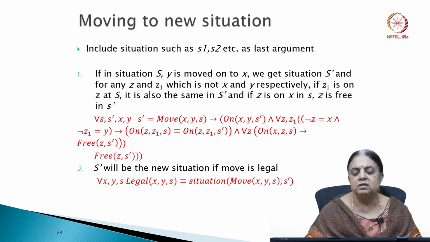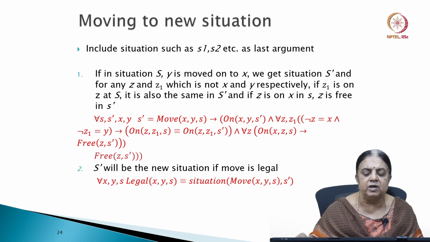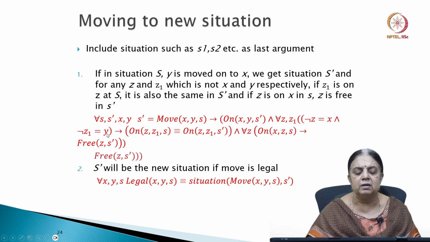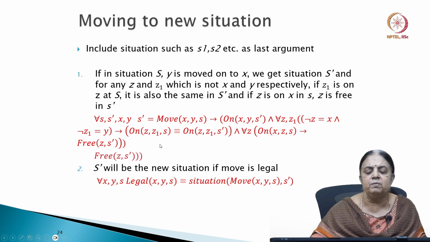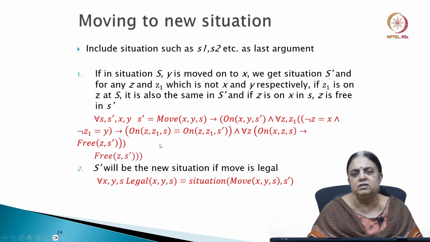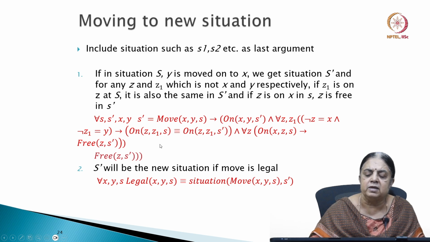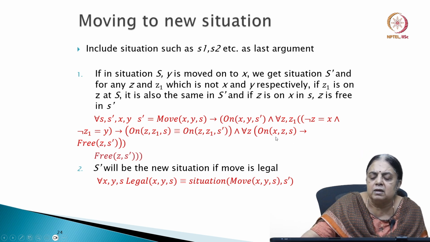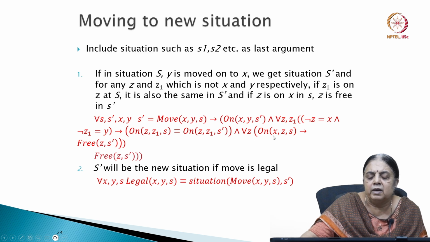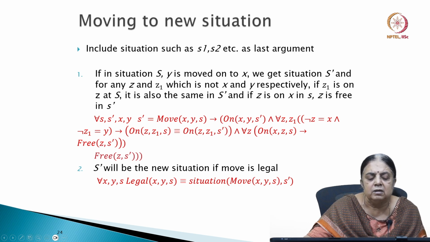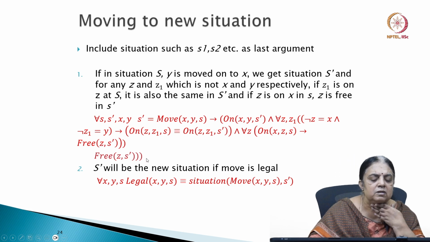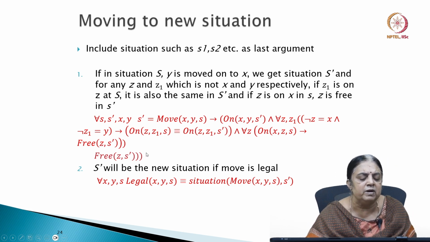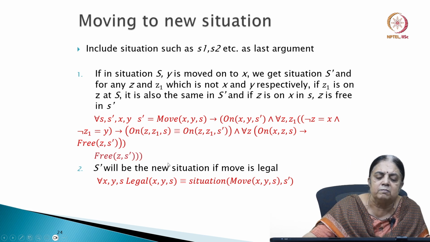If Z is on X, Z is free. So you are saying for all Z, Z1, not Z equal to X and not Z1 equal to Y, then on(Z, Z1) continues to hold even in situation S hat. And when you say that you are moving X onto Z, free(Z, S hat): at S hat you find that Z is free basically.